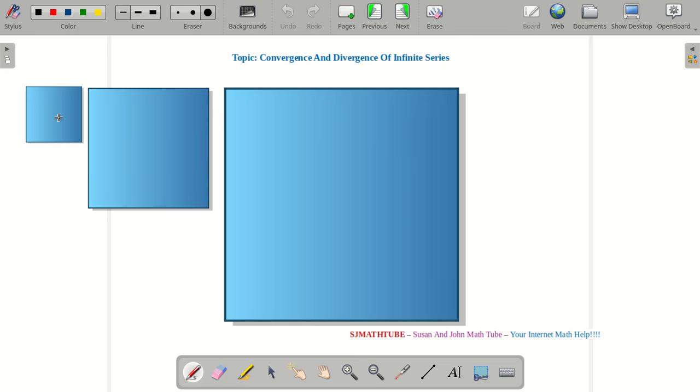When you compare the first one with respect to the second one, it's 1/4. Or the second one is 4 times in area, and the third one is again 4 times in area. So naturally, the next one will not fit my screen.